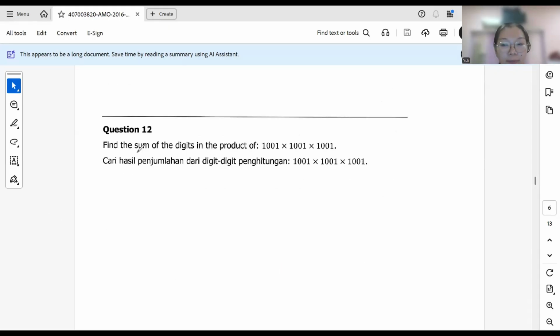For number 12, you can use algebra for this. Also, you can count it manually, but I think the faster is the algebra. So 1001 is 1000 plus 1, right? And then you keep doing this. This is the form of algebra.